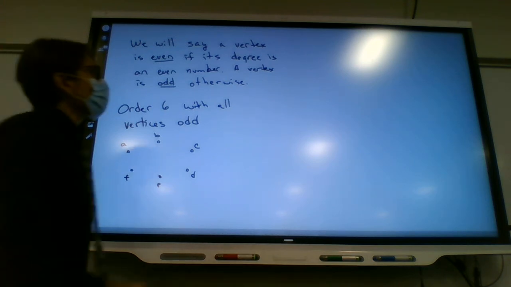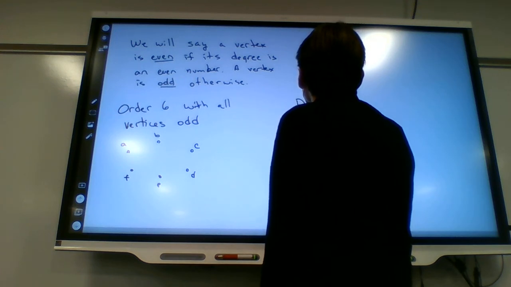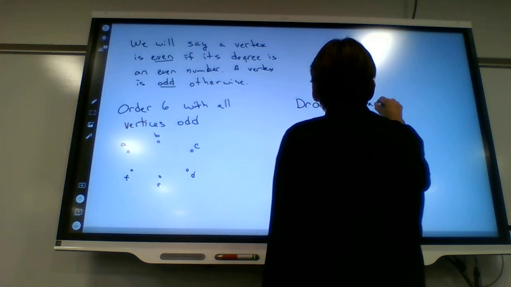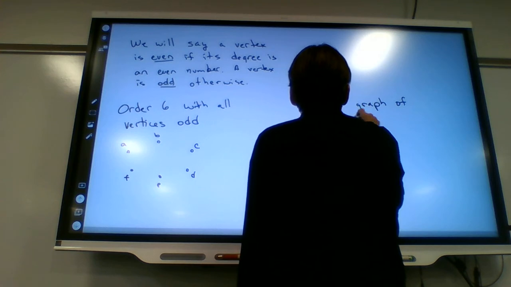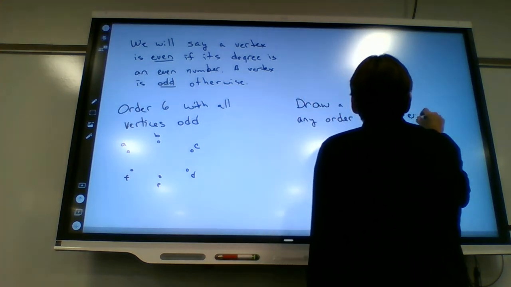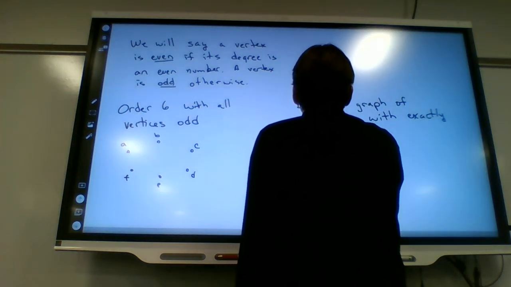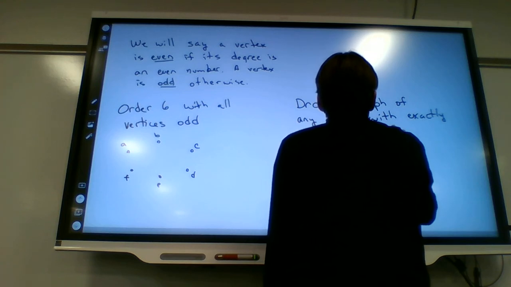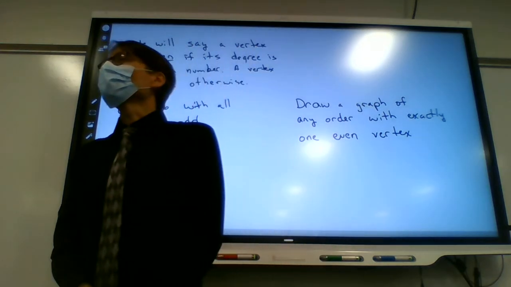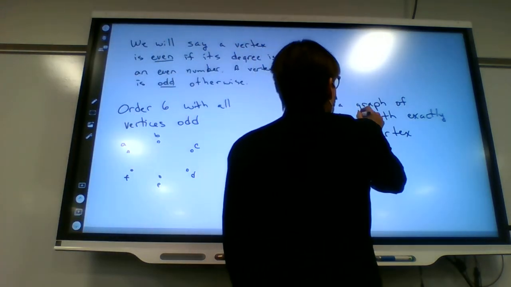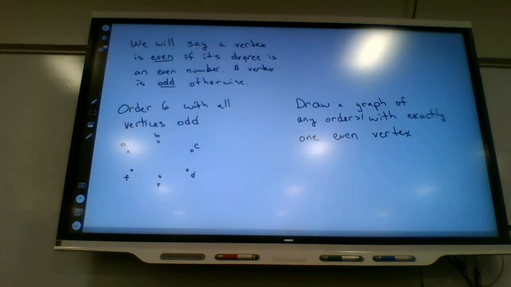All right, so let's see here. Let's draw a graph of any order that you like. And let's say the order is more than 1. All right, so draw a graph of any order that's greater than 1 with exactly one even vertex.